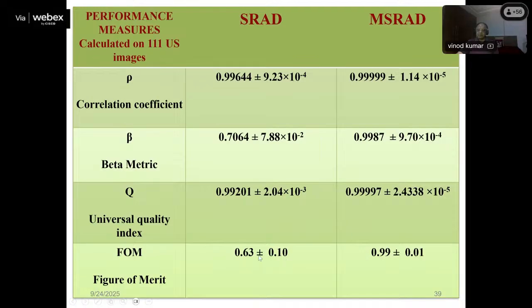We found that performance improved from 0.63 to 0.99. It should be nearly 1: 0.99, 0.999, slightly better. 0.7 to 0.99 is much better. 0.999 is almost near 1, so this is slightly better but almost the same.